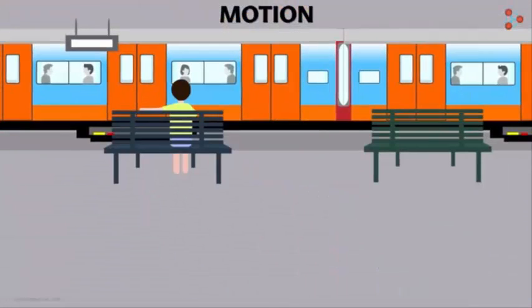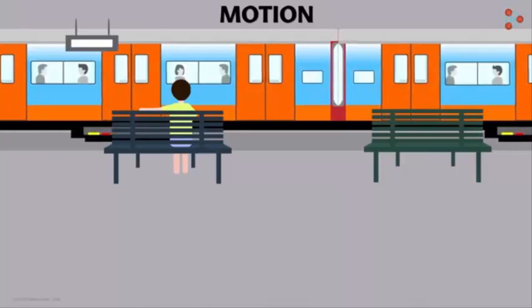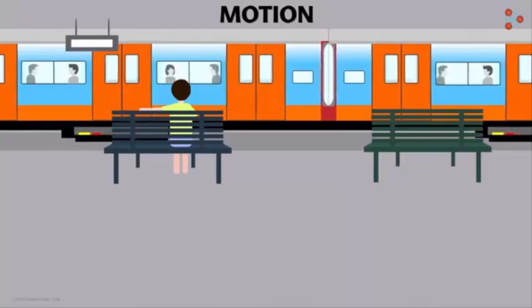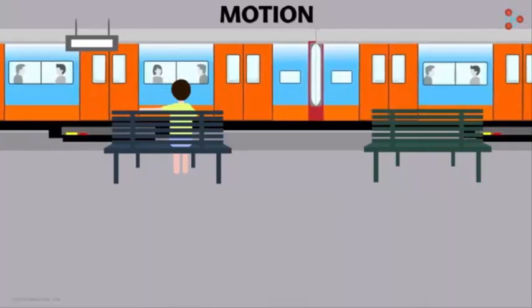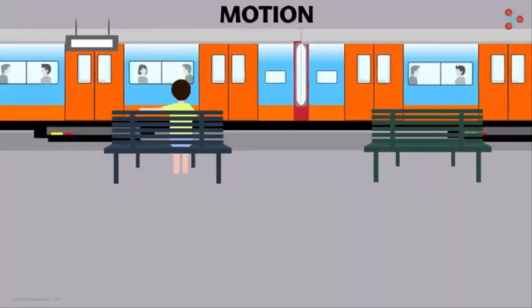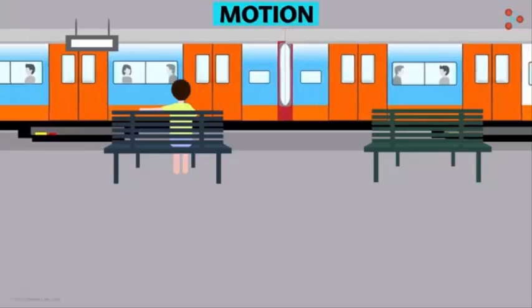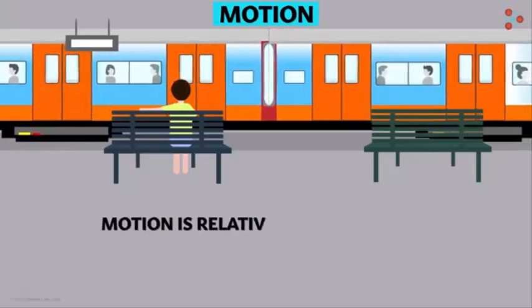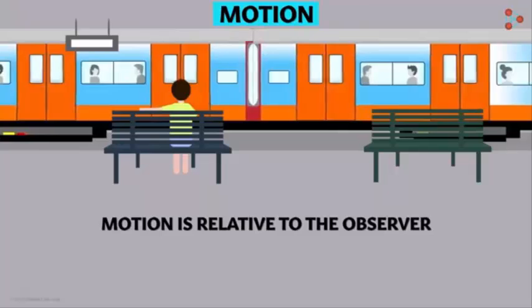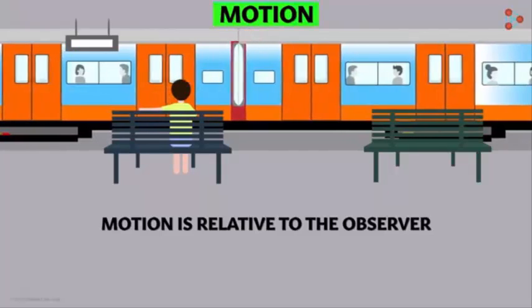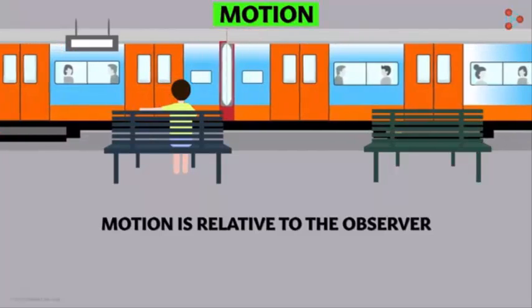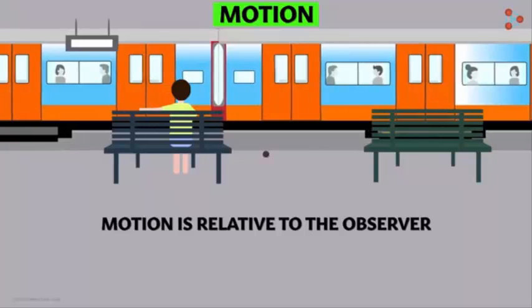The persons sitting inside the train can say that their bodies are in motion, but the two persons sitting in front of each other in the train will seem to each other to be at rest. This means that motion and rest are related to each other, and it also depends on the observer who is observing. This is the best example which states that motion and rest are relative and related to each other.